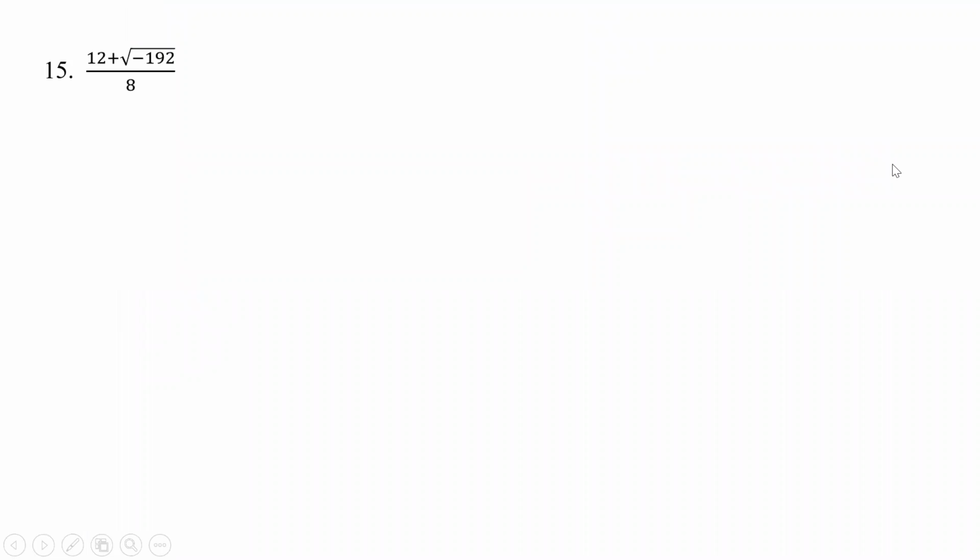All right, so for the last problem, working this one, square root of 192. All right, so what is that going to be? 192 will have a square root of negative 1, then the square root of, let's see, 2 will go in here. Honestly, my brain quit working all of a sudden.